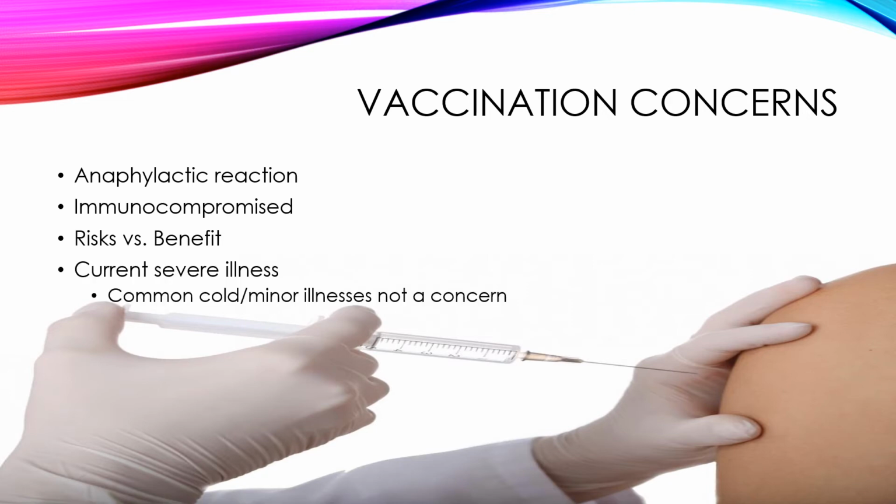If a client has a current severe illness, like a common cold, minor illnesses are not usually a concern, but if they have a severe illness, bronchitis, pneumonia, things like that, then they want to wait to receive their vaccine until they have recovered from that situation.